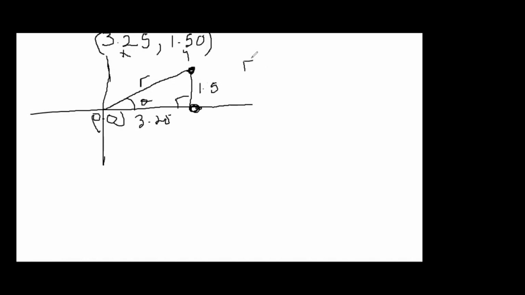So using Pythagoras theorem, r is equal to the square root of 1.5 squared plus 3.25 squared. What do we get then? I'm getting 3.58.